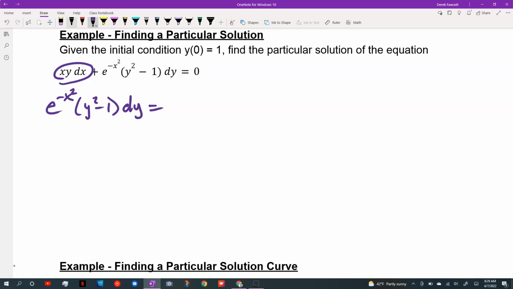So you'd have xy dx, negative xy dx on that one. And then also on this, I'm going to get rid of that negative exponent by writing the reciprocal. So it's going to be y squared minus 1 times dy over e to the negative x squared.